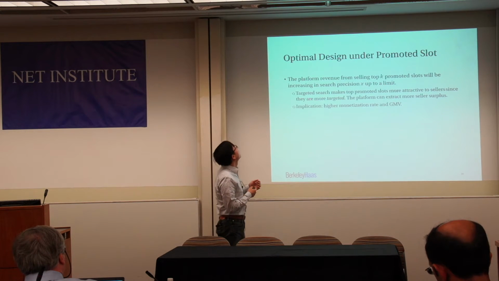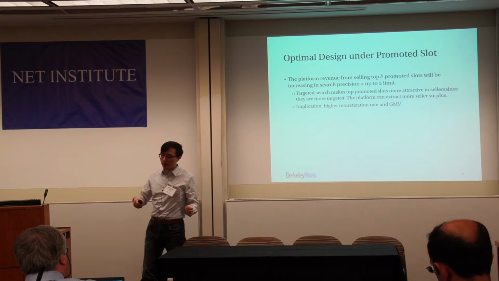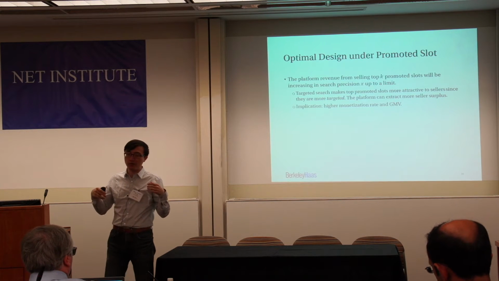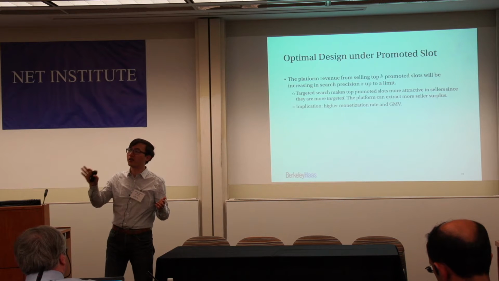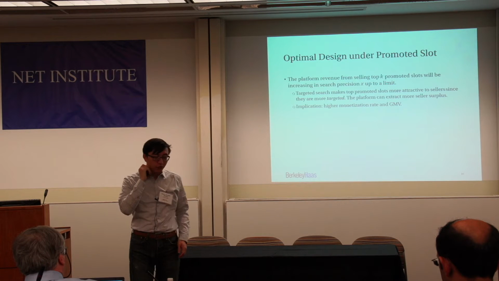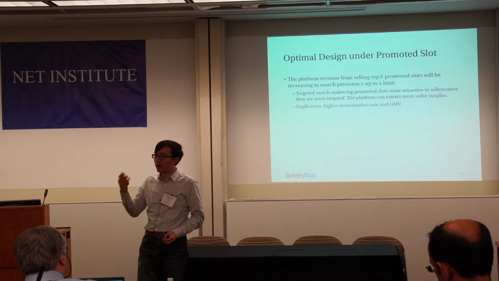So when this platform is making the search more and more targeted, then the first 2 or 3 slots would be extremely valuable to consumers because they are going to be also more and more targeted. So their market share is going to increase. Which means that the platform can charge more, or the sellers are willing to bid more for the same slots.